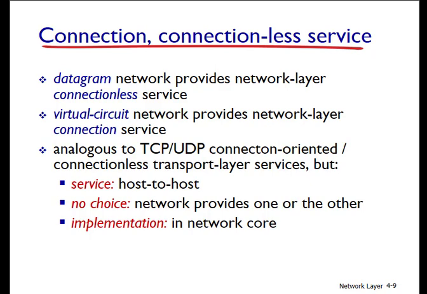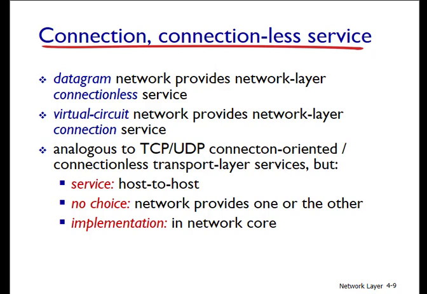Network layer connection and connectionless services in many ways parallel transport layer connection-oriented and connectionless services. For example, a network layer connection service begins with handshaking between the source and the destination hosts. And a network layer connectionless service does not have any handshaking preliminaries.